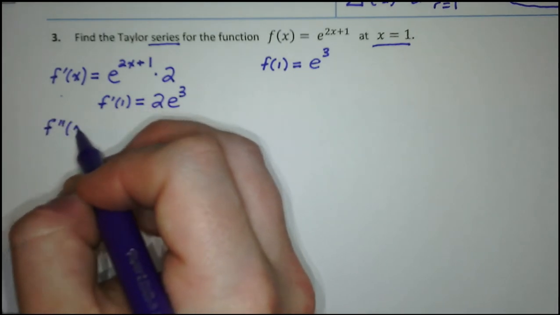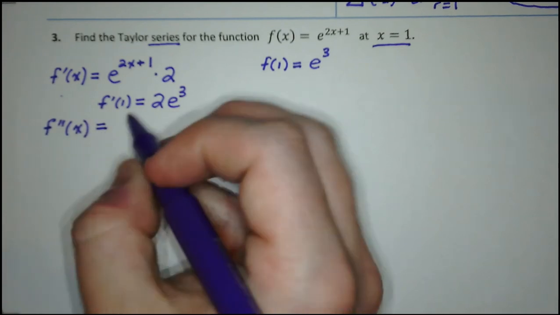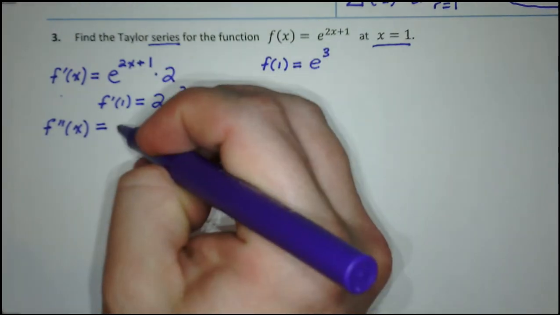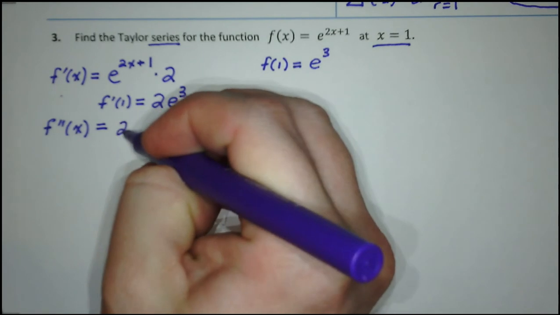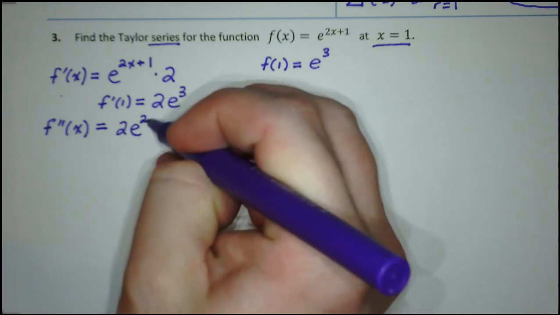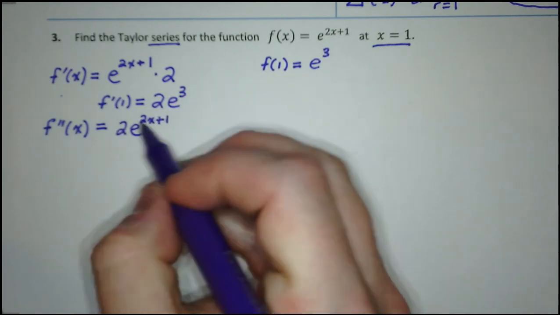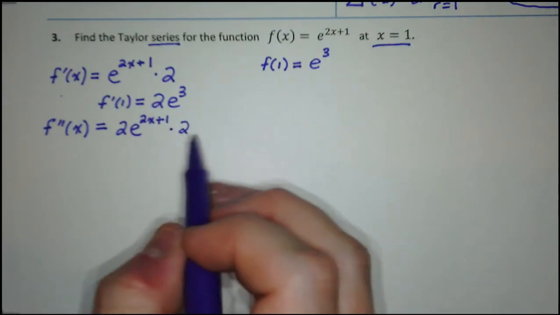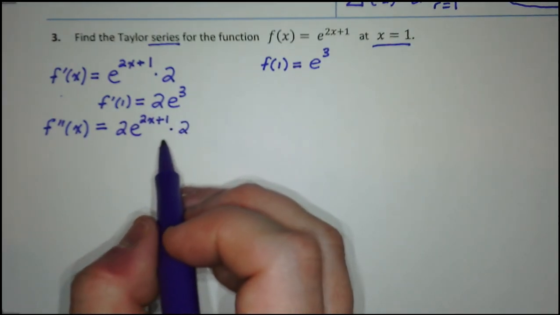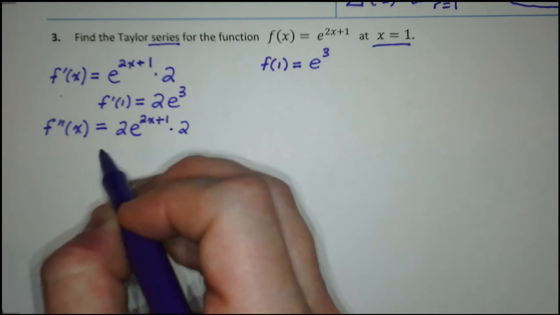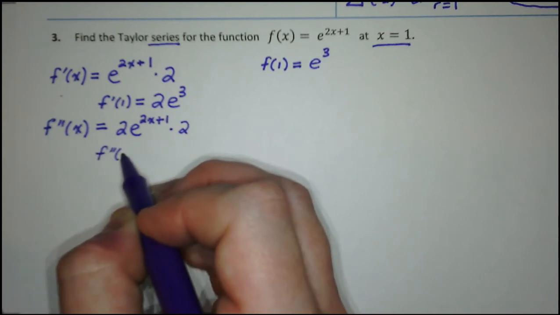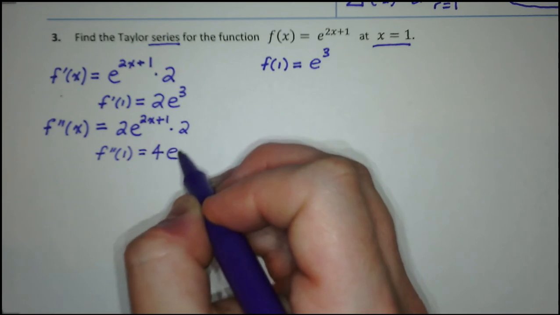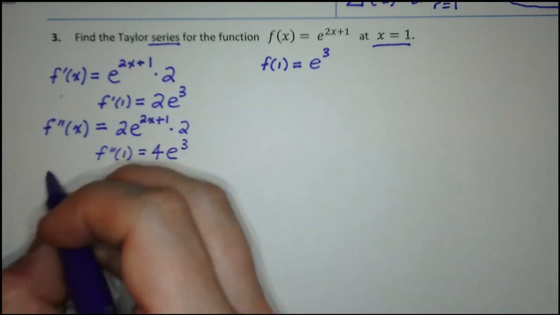Doing the second derivative, we're going to get 2e to the 2x plus 1, but we have to tack on chain rule again, and so overall it's going to equal 4 e to the 2x plus 1. And when we plug in 1 to there, you're going to get 4 e to the 3.